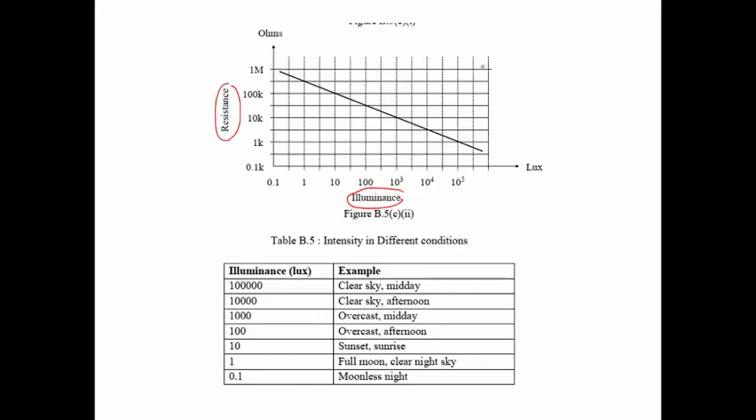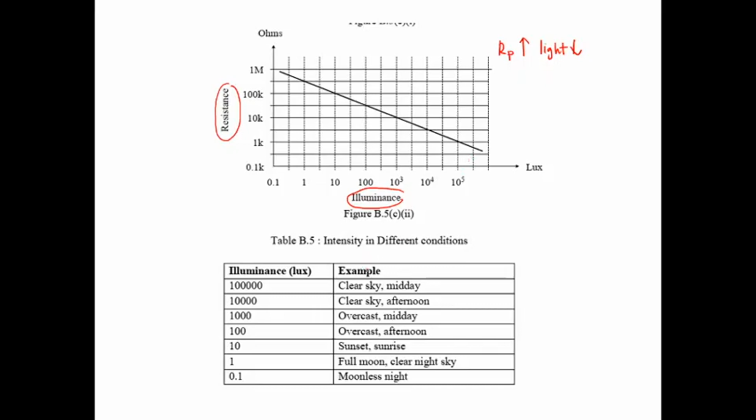The photoresistor, I put it as RP, is higher when the light is lower. Okay, so this is the characteristic of the luminescence.